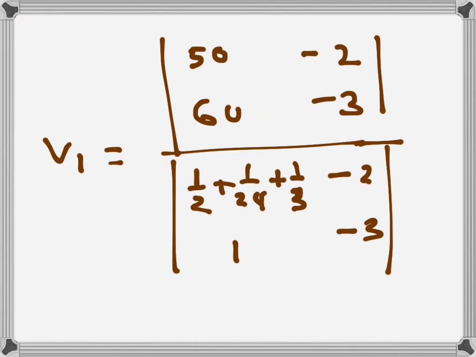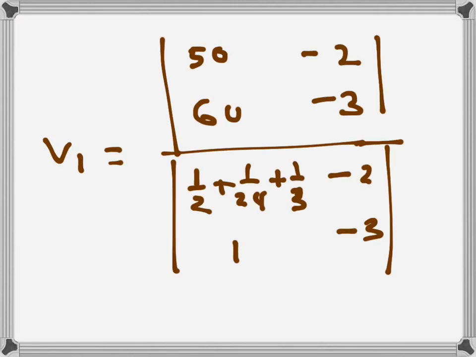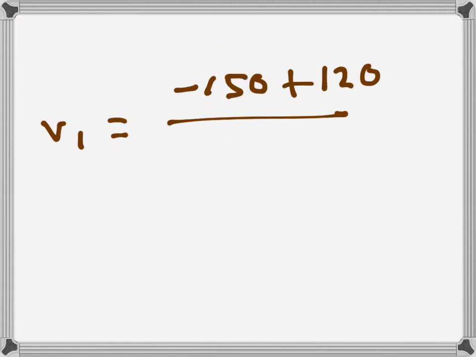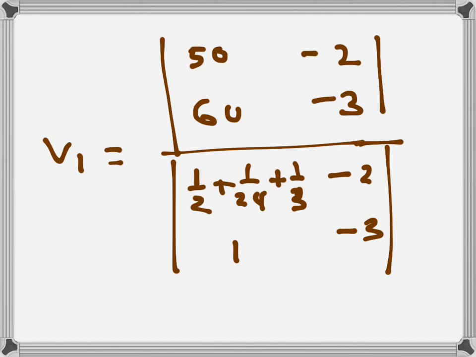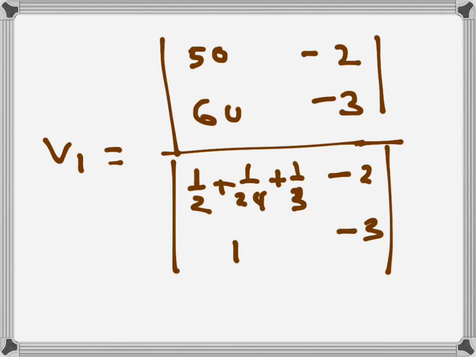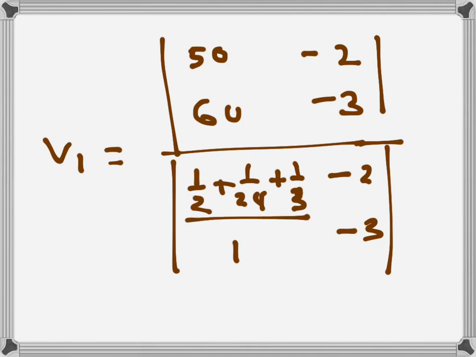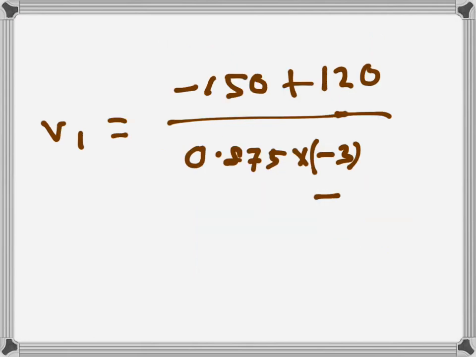So V1 is in the numerator, it's becoming minus 150, and then plus, because that's minus, 120. And here the denominator, this one is 0.875 times minus 3, this is 0.875 times minus 3, and then minus 2 times 1, so that's plus 2.